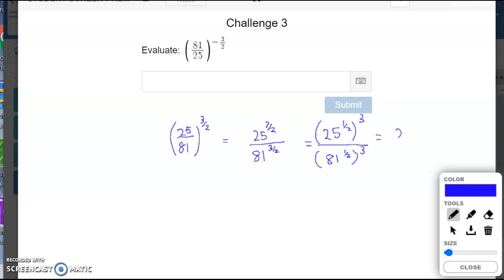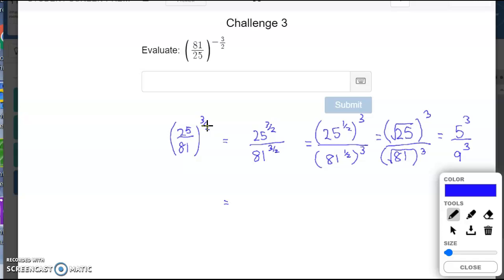That is the square root of 25, all raised to the power of 3, and the square root of 81, all raised to the power of 3. What is the square root of 25? That's 5. Now we're raising it to the power of 3. And what is the square root of 81? That's 9, and then 9 is being raised to the power of 3.